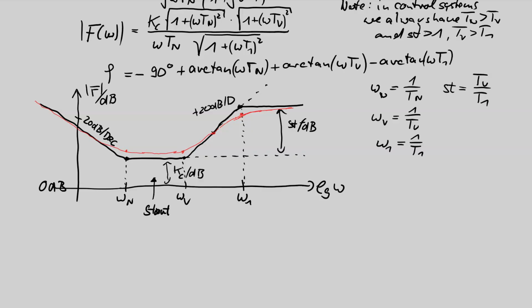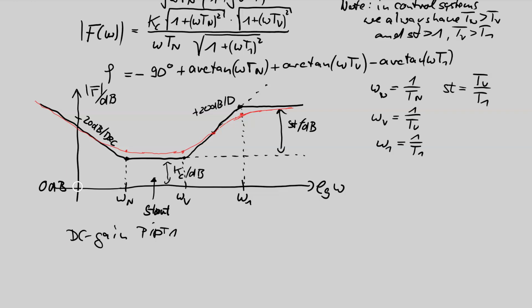Last word, very important information. Sometimes this is useful to know. The DC gain of the PID controller is how large? Some people like to read this DC gain value here. Please don't do this.